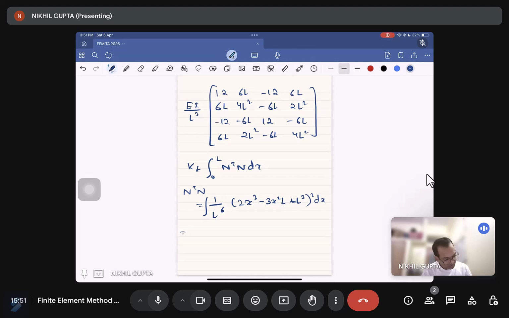When you solve it, you'll get 1 upon L power 6 times 4x power 6 plus 9x power 4 L square plus L power 6 minus 12x power 5 L minus 6x square L power 4 plus 4x cube L cube dx.